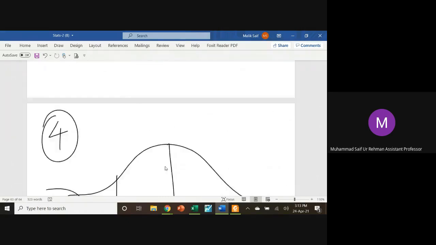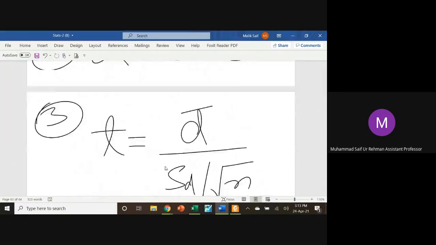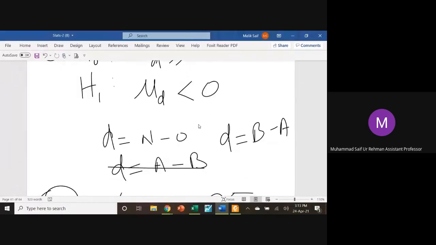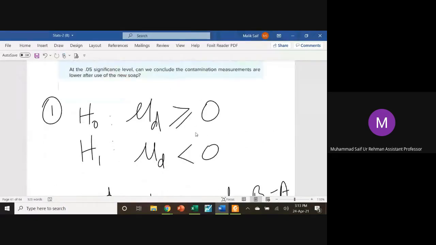So what you are going to do, you are going to reject H naught because the calculated value is there in the rejection region.